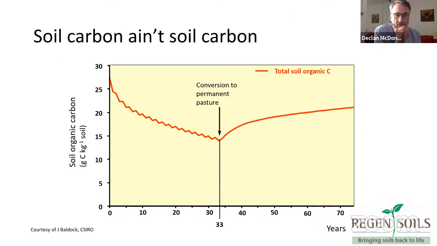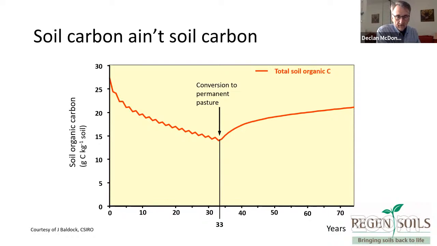So I'm going to step you through here. These slides came from Jeff Baldock, who's our national soil carbon guru, and this was some modeled data that is illustrating the impact of land management practices on the different carbon pools. So in this particular example, we have a paddock that was converted from pasture to cropping at year 0.